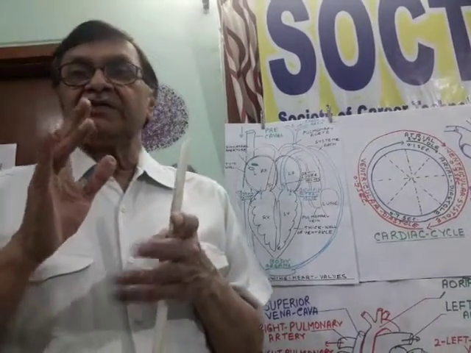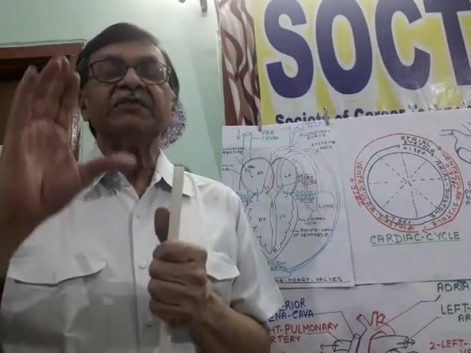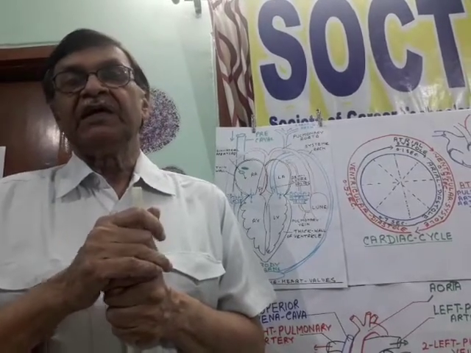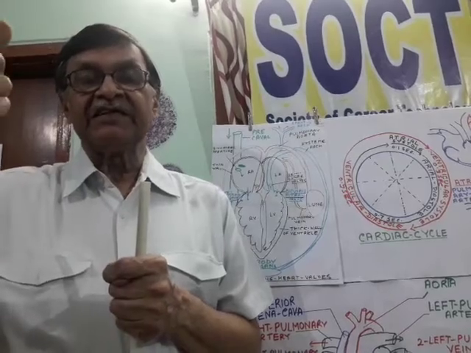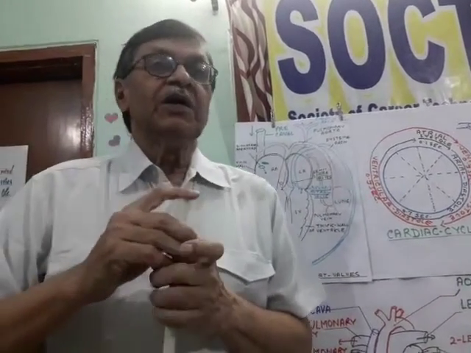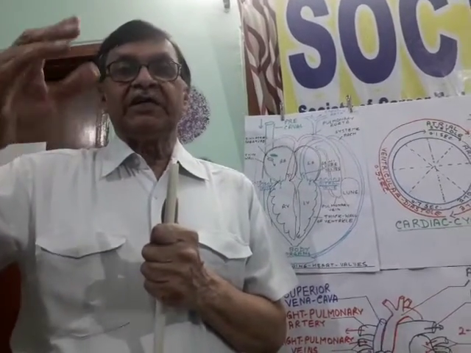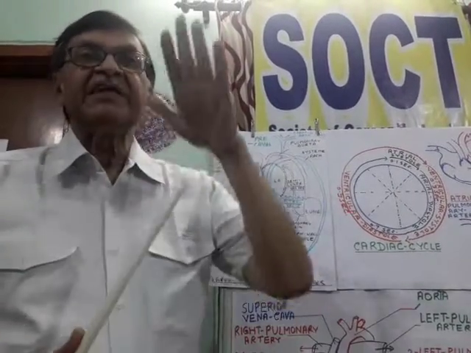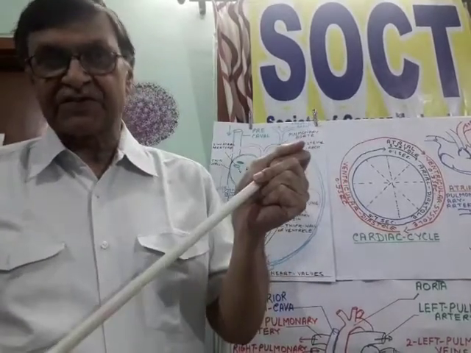In 1 minute, 60 seconds, the heart beats about 72 times. There is a contraction and a relaxation. Contraction is called systole, relaxation is called diastole. One beat, which includes both systole and diastole, is completed in about 0.8 to 0.85 seconds.